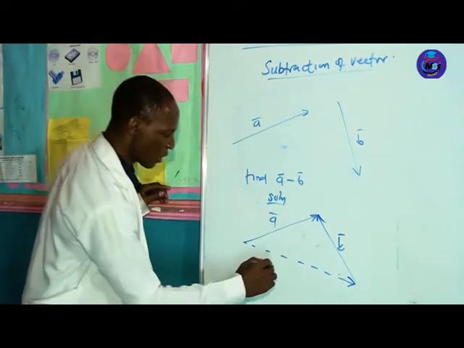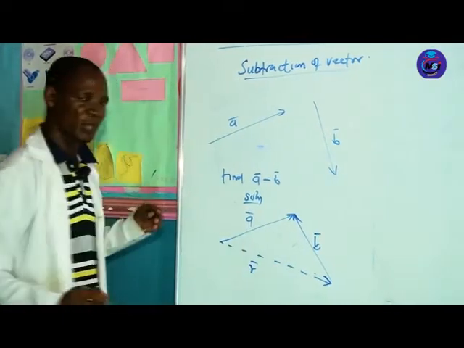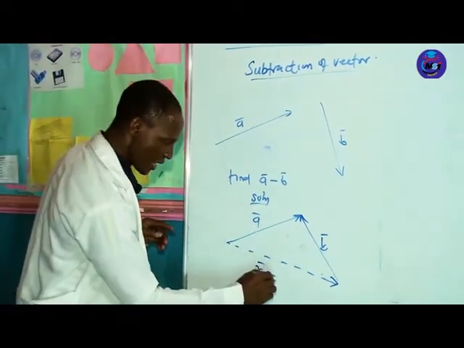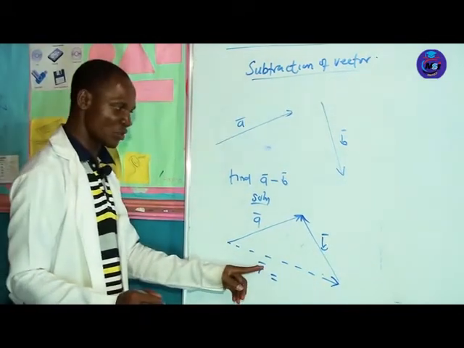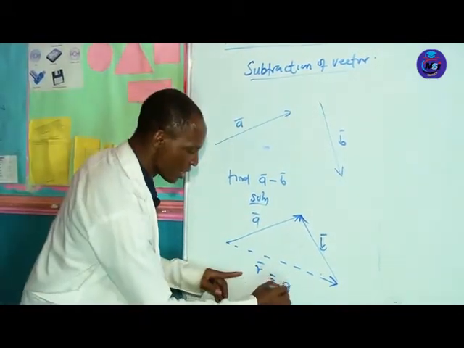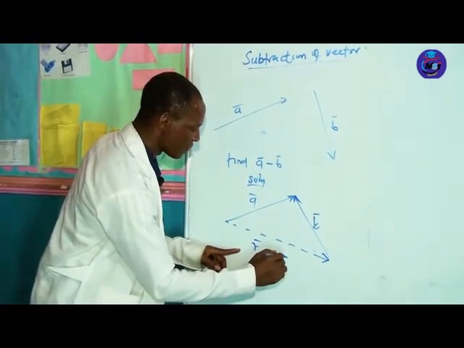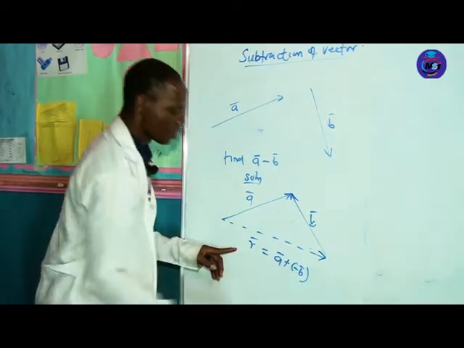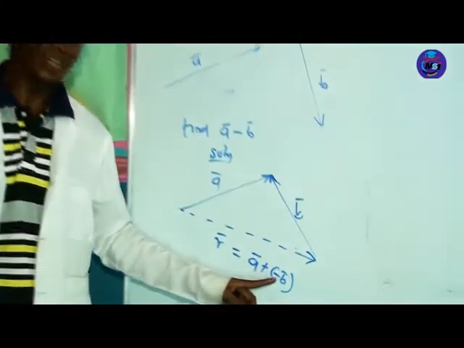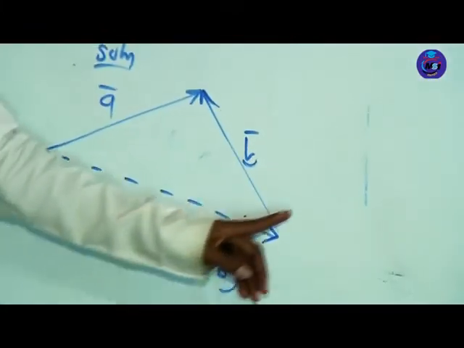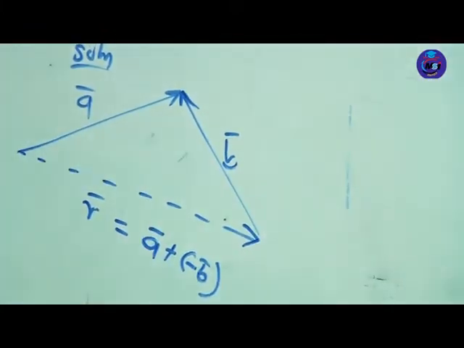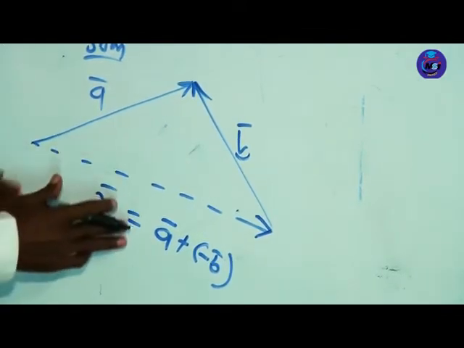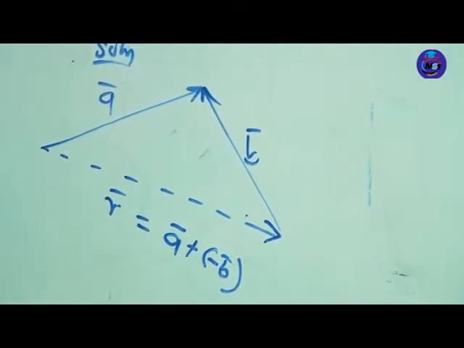So this will now give us our resultant vector. Now the formula for this resultant vector is going to be A vector plus minus B vector. This minus is very important to tell us that we have reversed the direction of the vector. That's how to perform vector algebra.